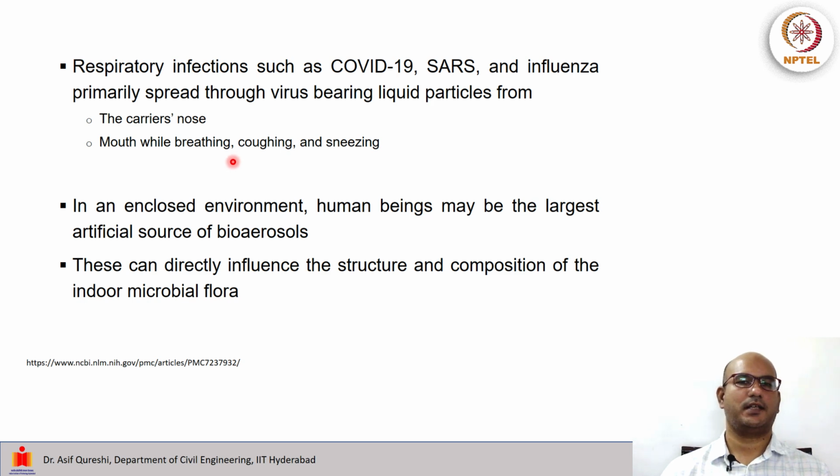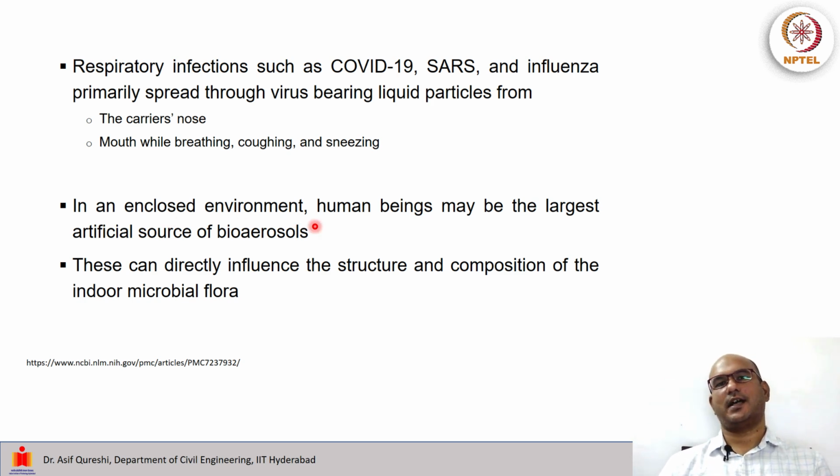As such, in the enclosed environment, human beings can be important, or even the largest source. For some studies they have been found to be the largest, artificial in the sense we are not using a bioaerosol generator, but we are an important source. The take home is that human beings would be a very important source of bioaerosols in any kind of indoor enclosed setting.